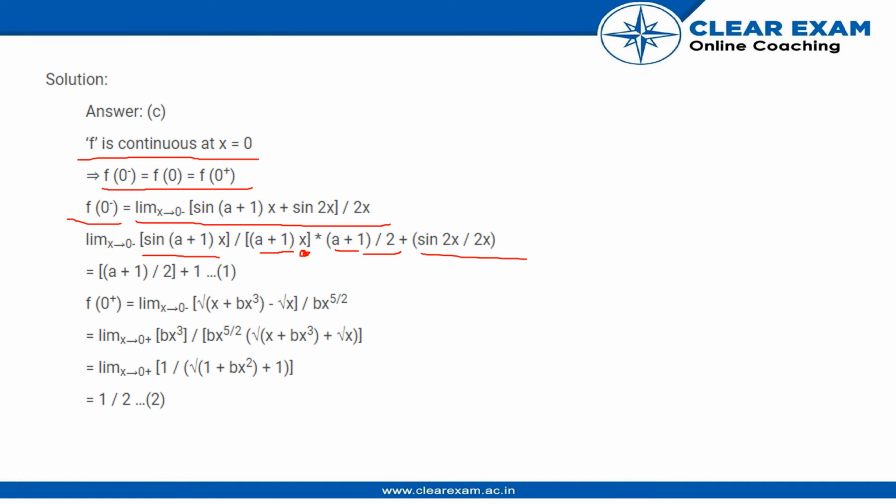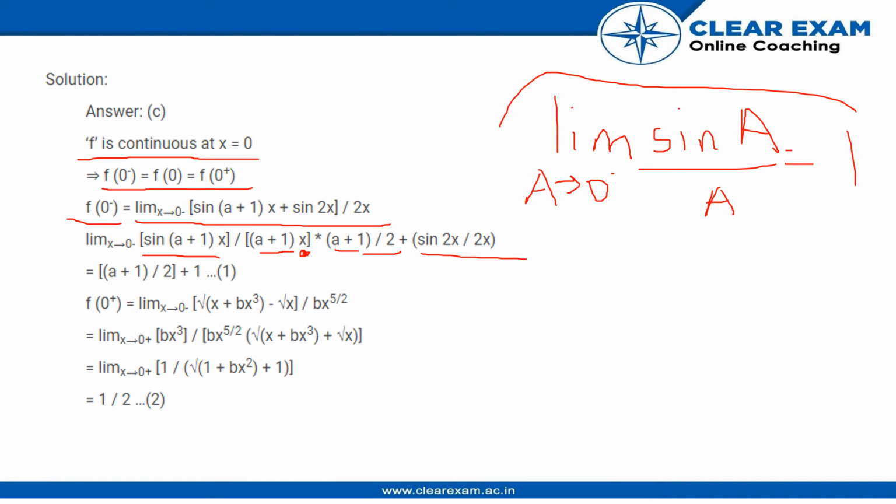By doing that, we have formed the standard limit: let's say a is tending to 0, sin a by a is equal to 1. So this limit is always equal to 1. This limit turns to 1, multiplied by (a+1) by 2, we get (a+1) by 2, and similarly this one is 1. So we get this as the first equation.